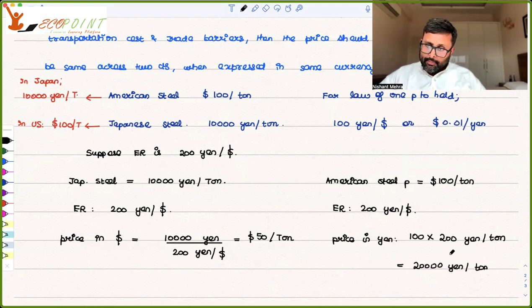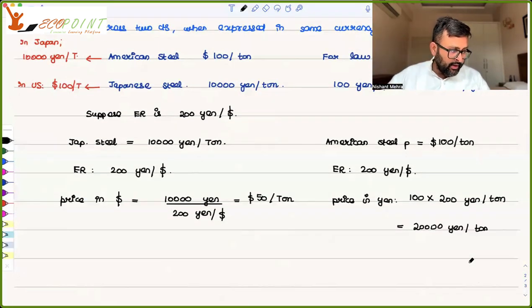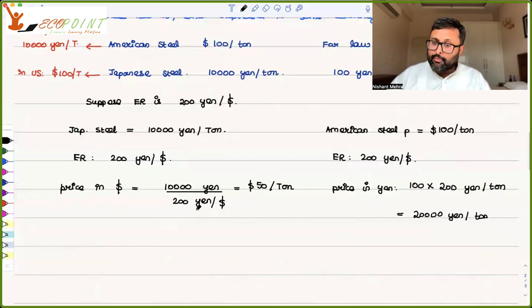So if a Japanese buyer buys Japanese steel in Japan, it is costing him 10,000 yen per ton. But if somebody in Japan buys American steel, it is going to cost him 20,000 yen per ton. Here also American steel is expensive. American steel is identical to Japanese steel, but it is expensive in both countries.